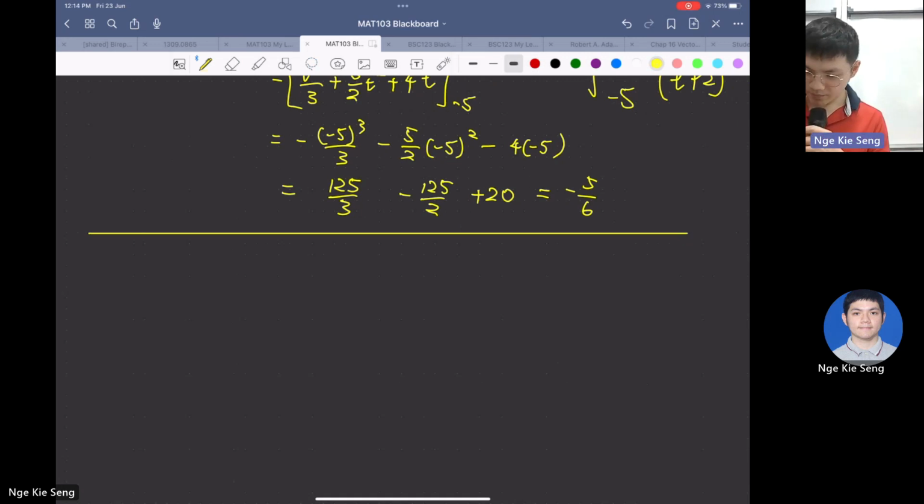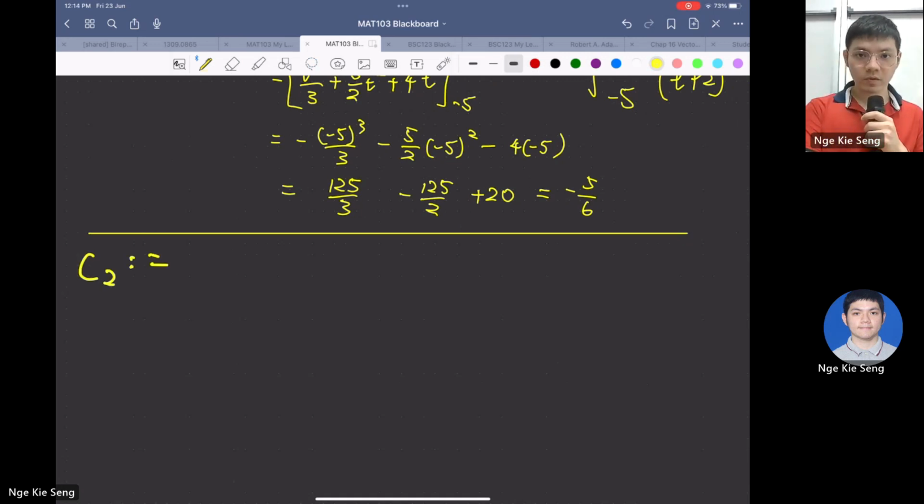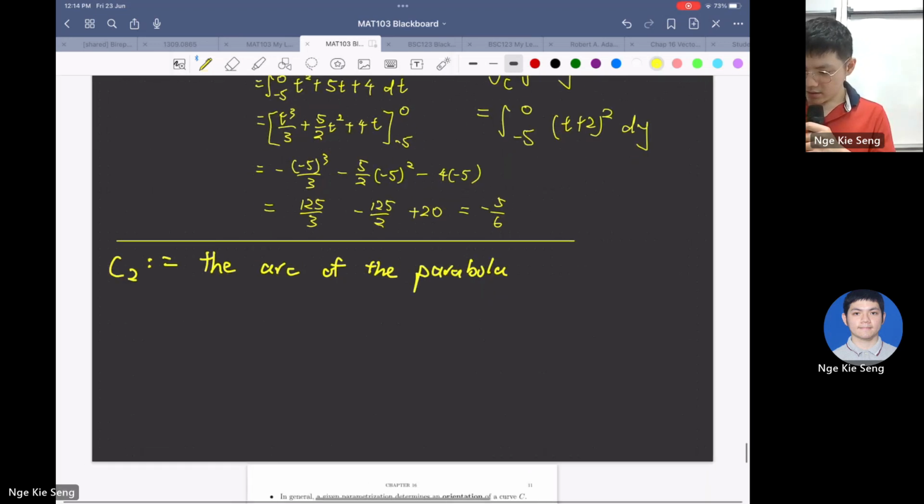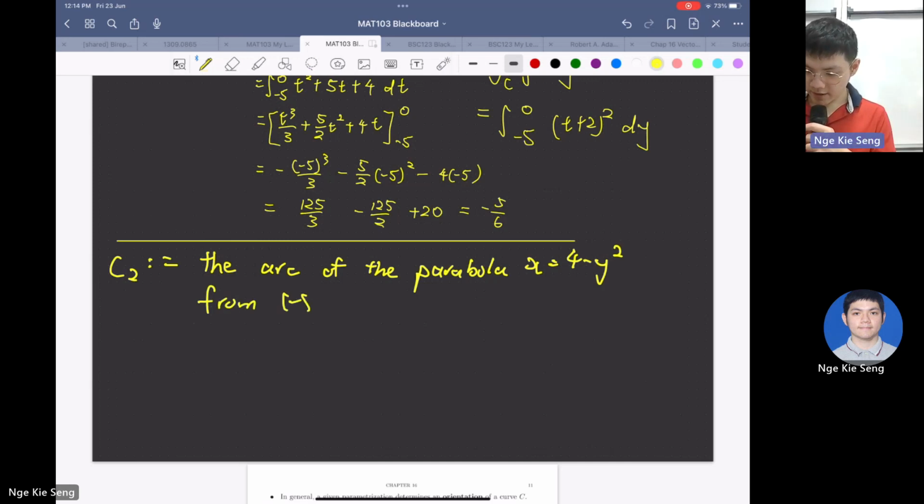So what is C2? C2 is the arc of the parabola x equals 4 minus y squared from (-5, -3) to (0, 2).